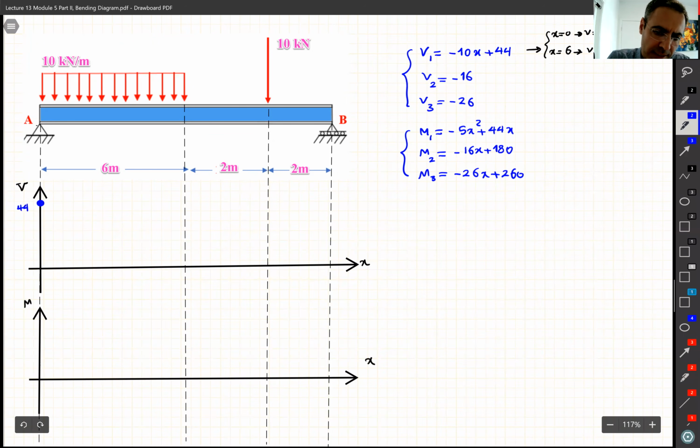And when x is 6, like this boundary in the middle, then V is minus 16. So let's say minus 16 is there.